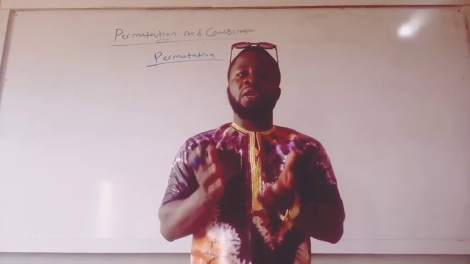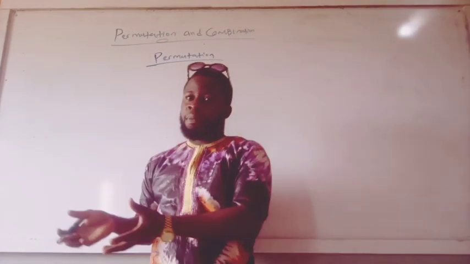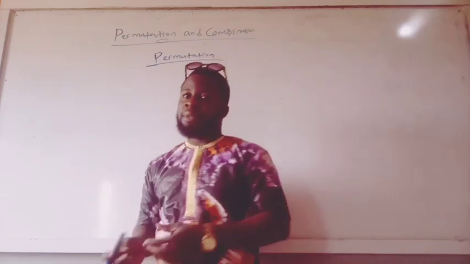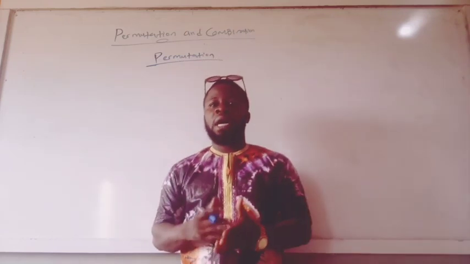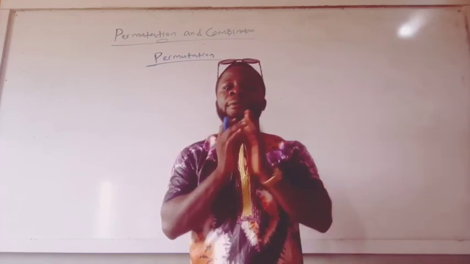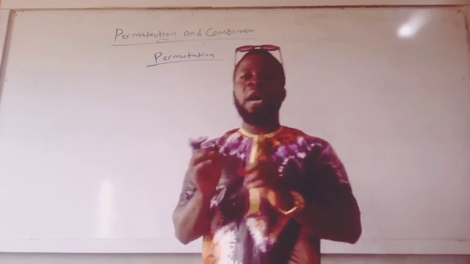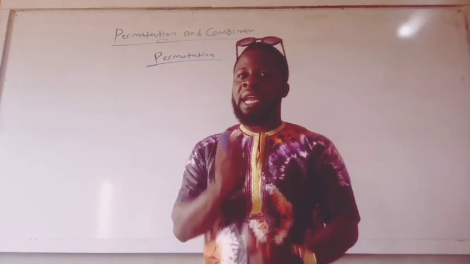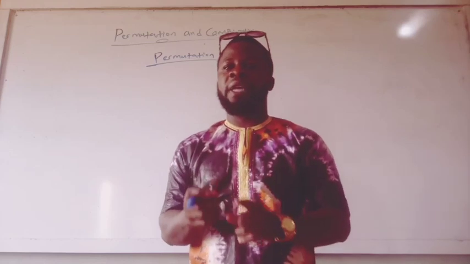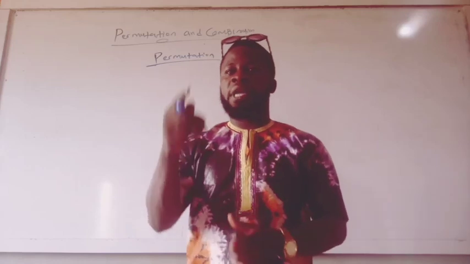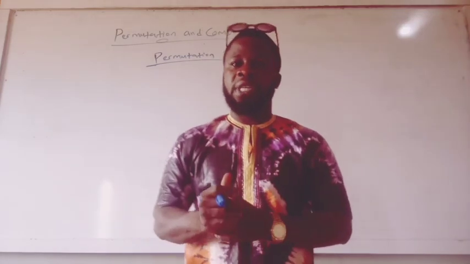It's talking about the way you arrange some items. It can be people, it can be items. But today, I will only be able to take us through the formula and also how to apply it in some questions. You understand? I might not go to the arrangement of people around a table today, but in the course of our next video, you'll see that.